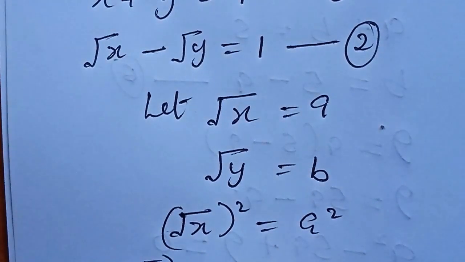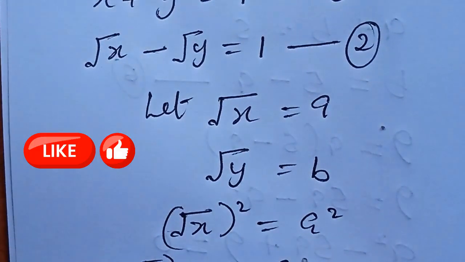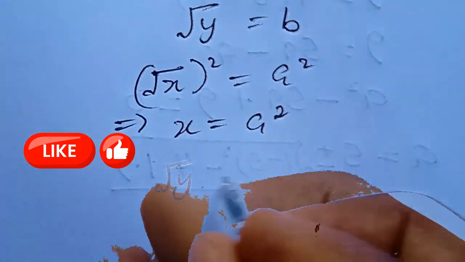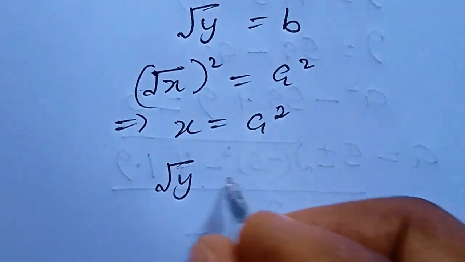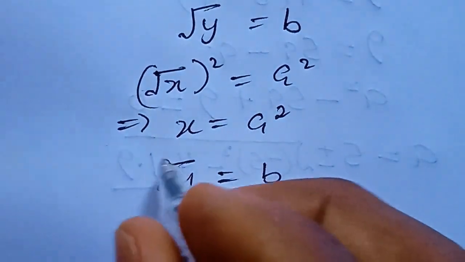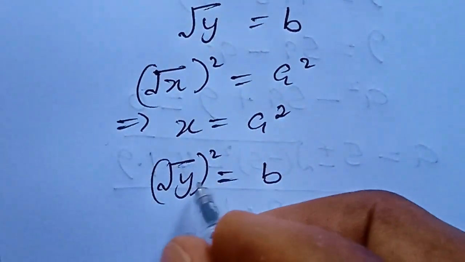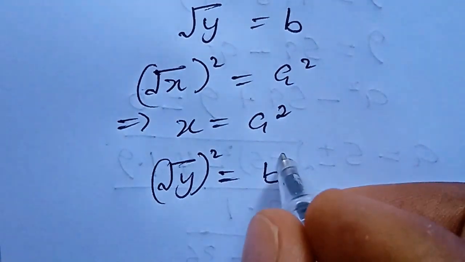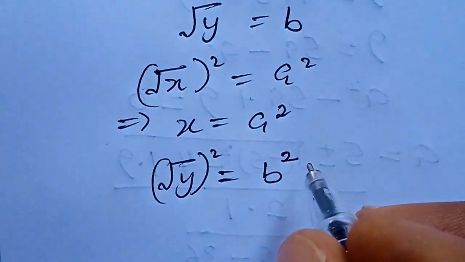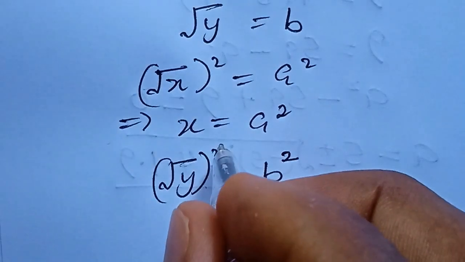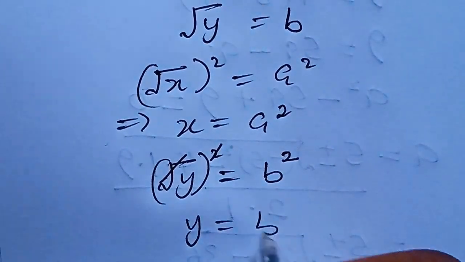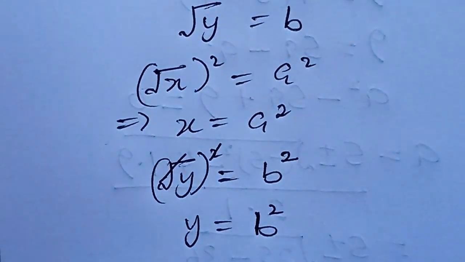That implies that x will be equal to a squared. If we have square root of y equal to b, then squaring gives us y equal to b squared.